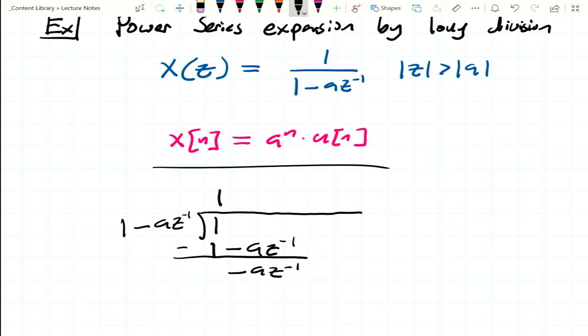All right, so now how do we get negative a z to the negative 1 from 1? Remember, we're always looking at our first term. So that means we're going to multiply by what? We're going to do plus a z to the negative 1.